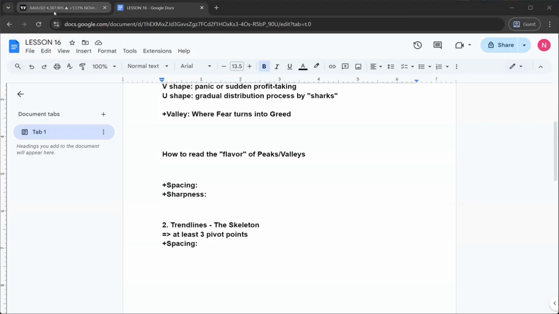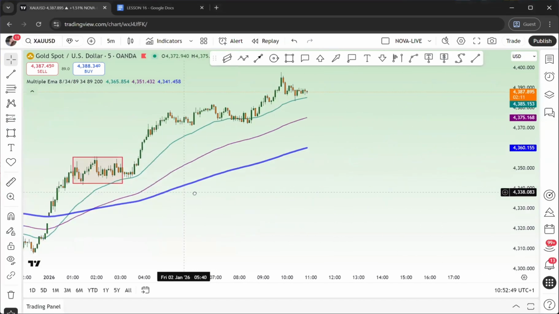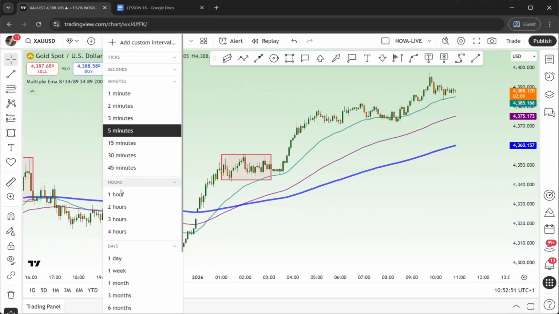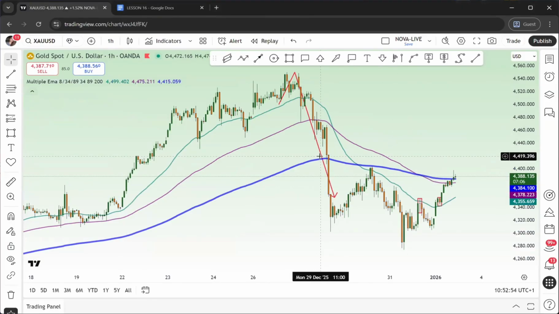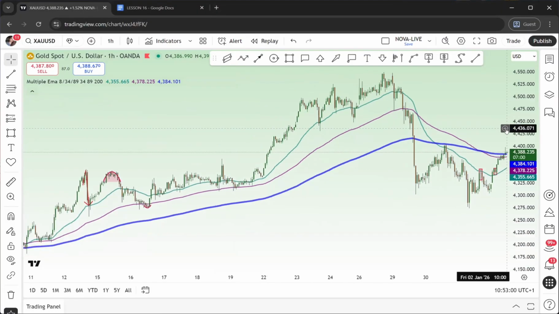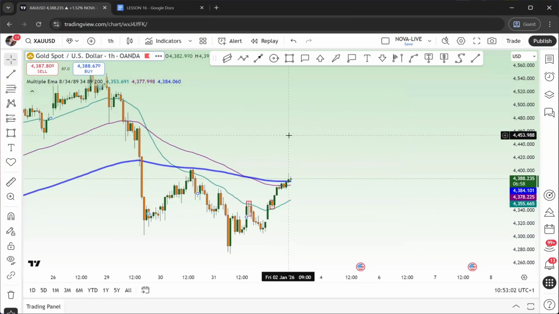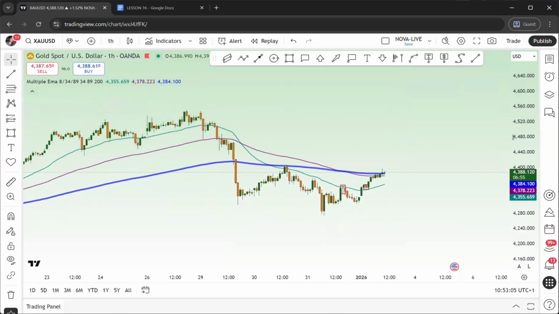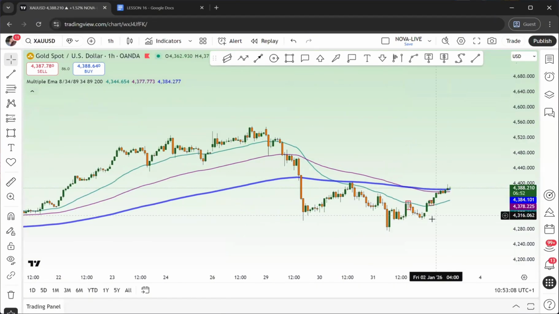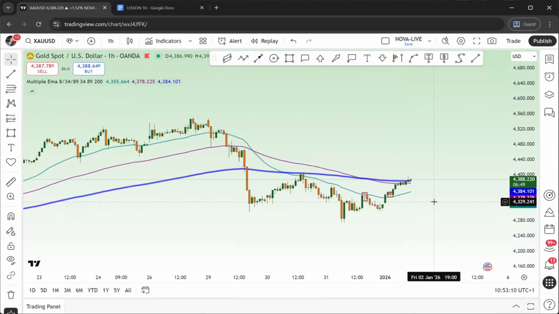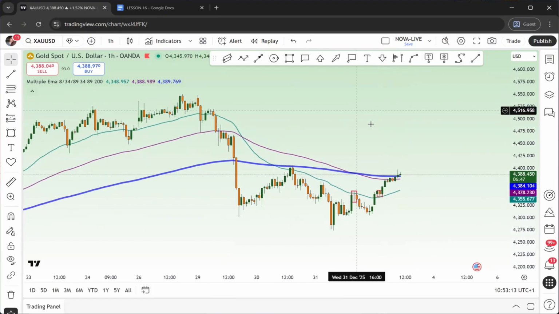All right, so this is an example of when we need to draw a reliable trend line. Let's change into the 1 hour time frame to see if we can draw one. For the current candlesticks on the chart, this is the opening candle when the market opened today, an open candle with a strong bullish candlestick.